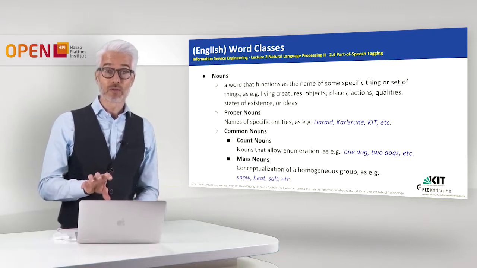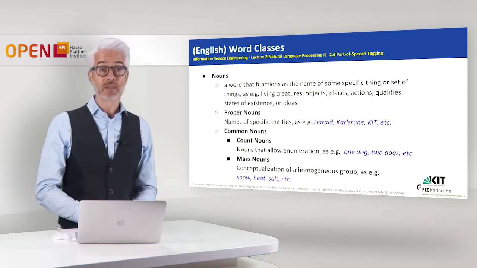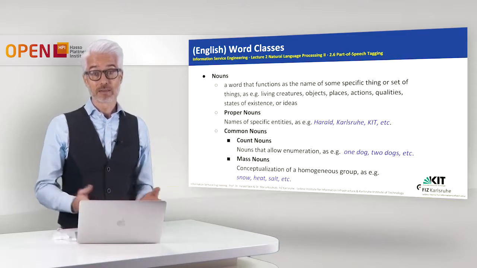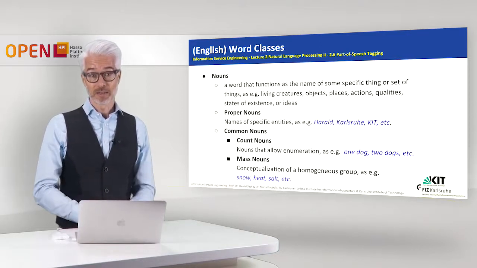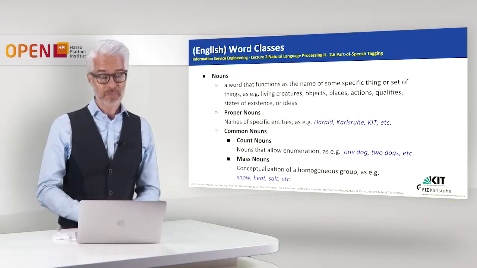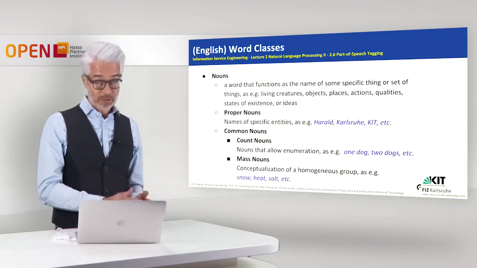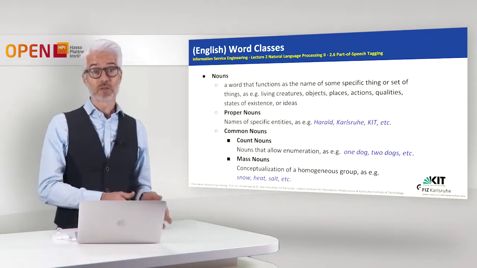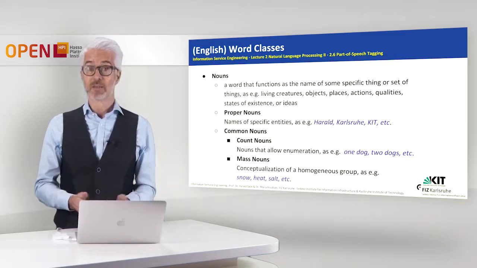First of all, there are proper nouns, which name a specific entity, like my name, Harald, or Karlsruhe, KIT, HPI, and so on. Besides these proper nouns, which denote specific entities, we also have so-called common nouns, which is all the rest.